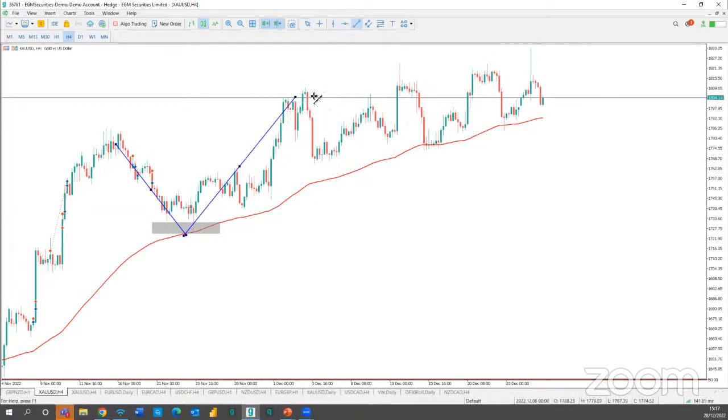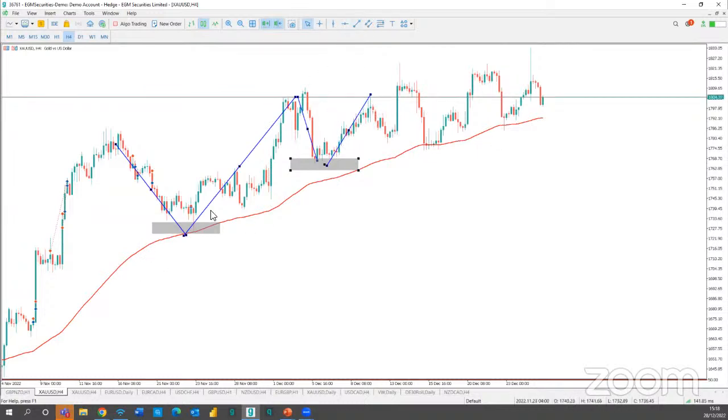And then it pulled down again, still maintaining above this moving average, this line, and then it was not able to go below that line, and started going up again. Okay, so this one is a trend, an uptrend.